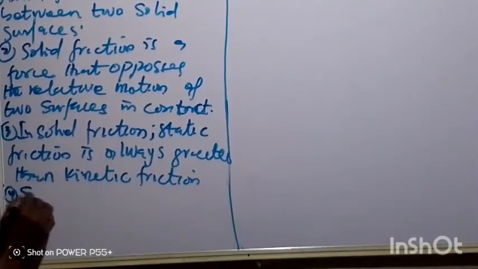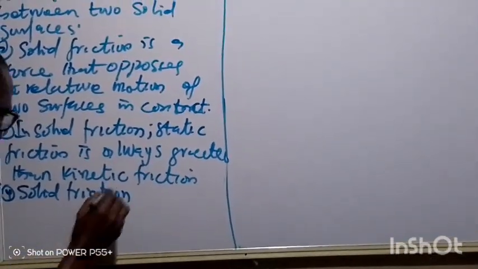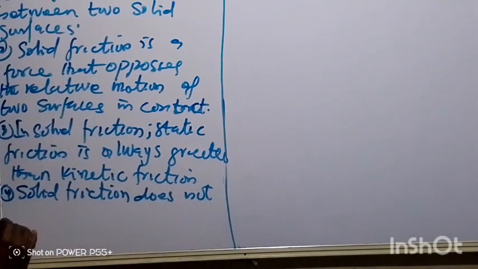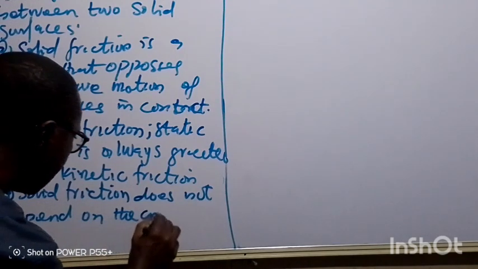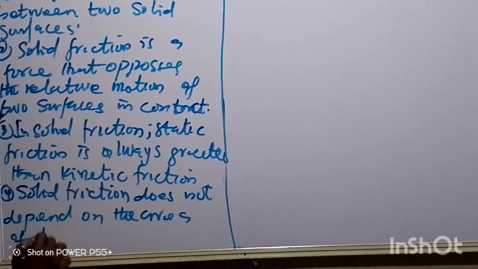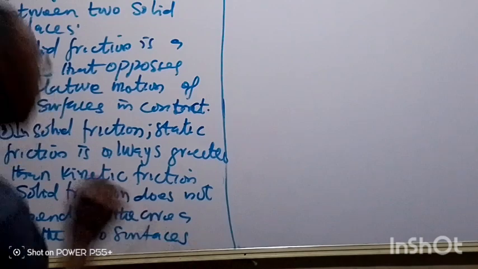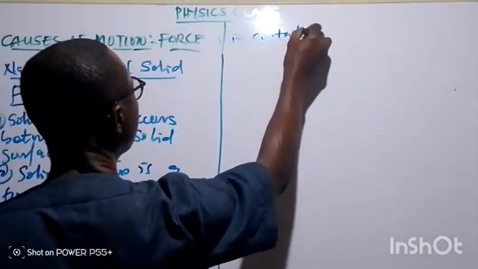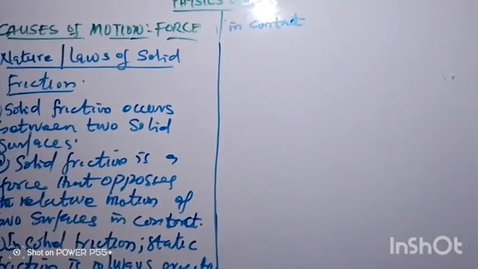Solid friction does not depend on the area of the two surfaces in contact. That is, it does not depend on the area of the two surfaces in contact.